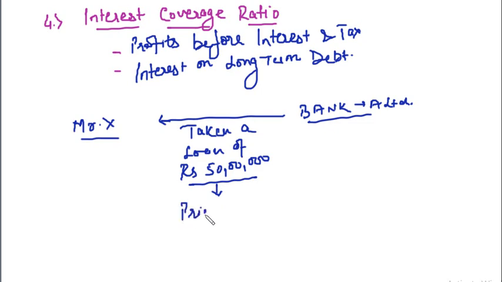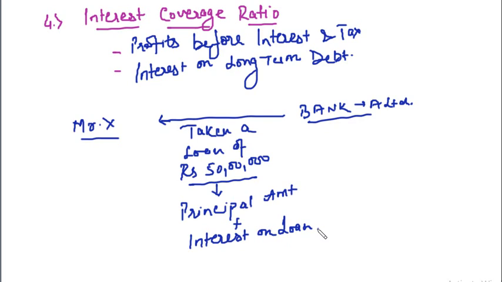One is the principal amount, right, plus interest on loan. Obviously, if the bank is giving you a loan, the bank will charge something in return for using its money. So that amount is known as interest on loan. So Mr. X will have to pay the principal amount of 50 lakhs plus whatever the interest on that principal amount, isn't it?